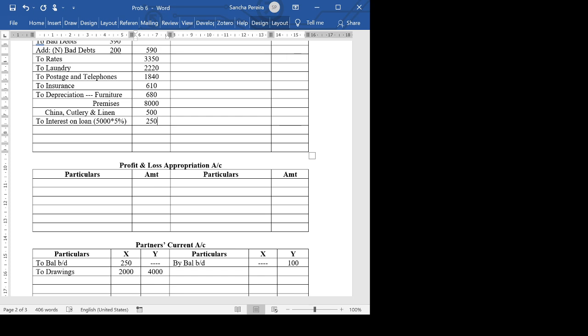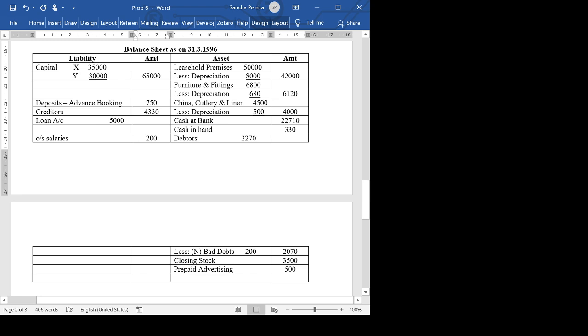And the same interest has to be added to the loan. Add outstanding interest. Interest is 250. So this comes to 5250.